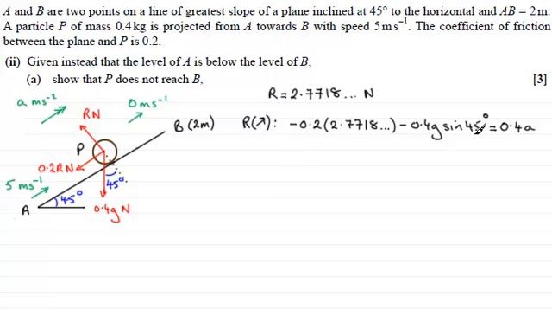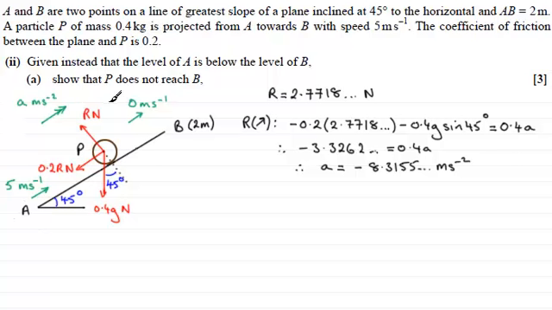Now if you work out the left hand side here, taking g to be 9.8, what you therefore have is minus 3.326 and so on equals 0.4a. And if you now divide both sides by 0.4, you end up with a equaling minus 8.3155 and so on meters per second squared. So a's come out as a negative value, just as we would expect, so it's slowing down.